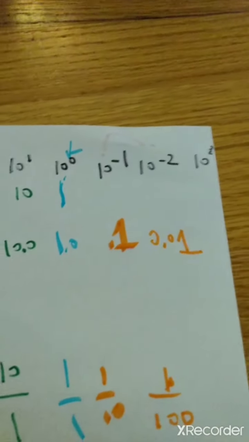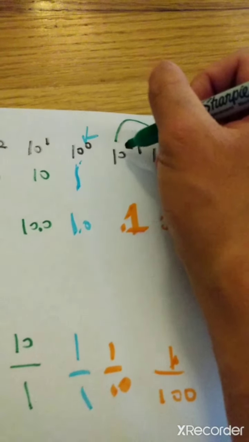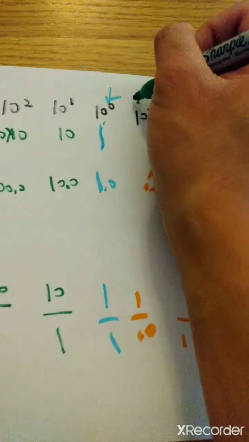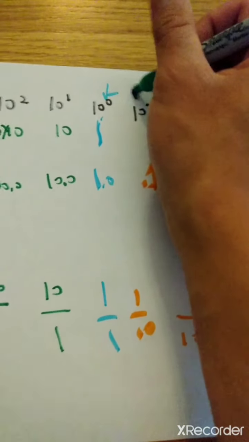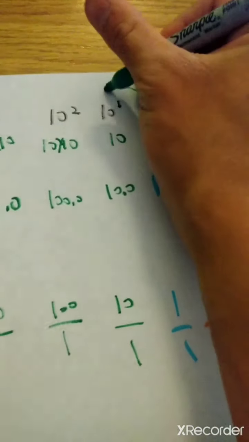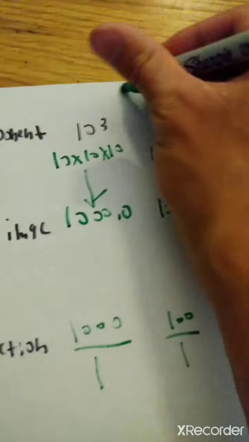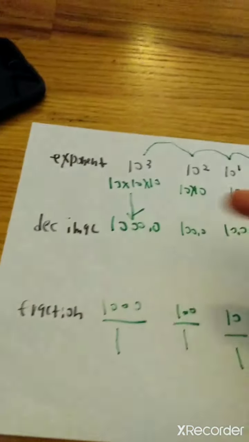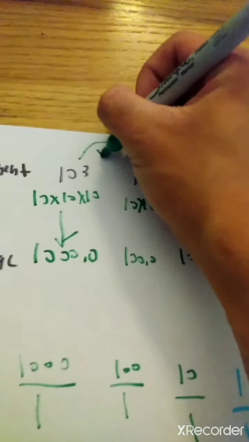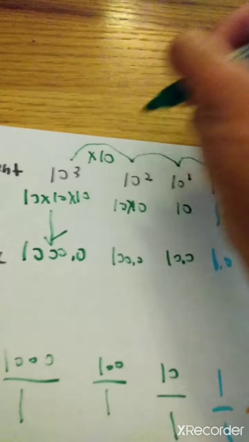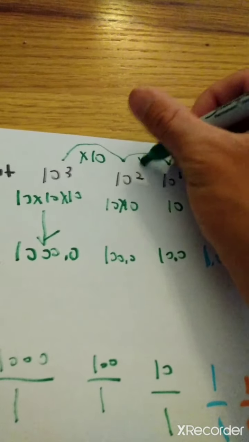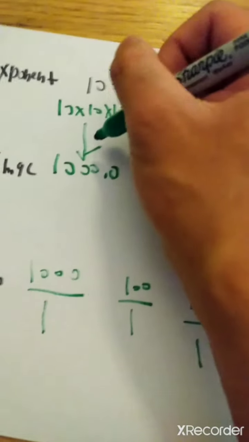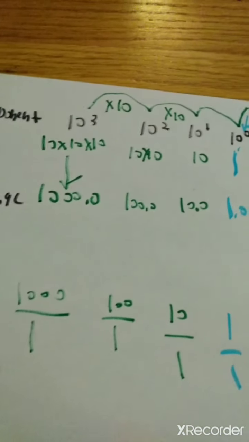Then if we want to go from 1 over 10 or 0.1 to this number right here, we multiply by 10 again. And again, and again. So the more you go left, you always multiply by 10 every time you do a jump. Like here's 1, multiply by 10, 100. Multiply that by 10 again, 1,000.